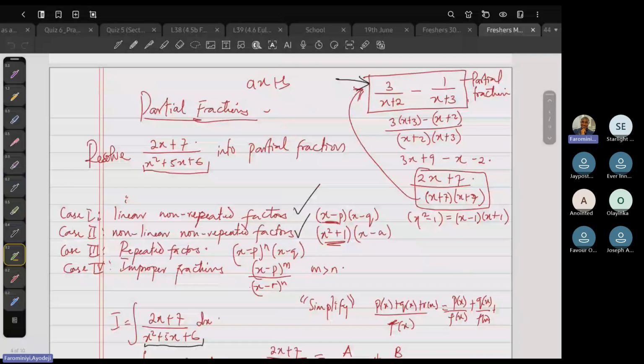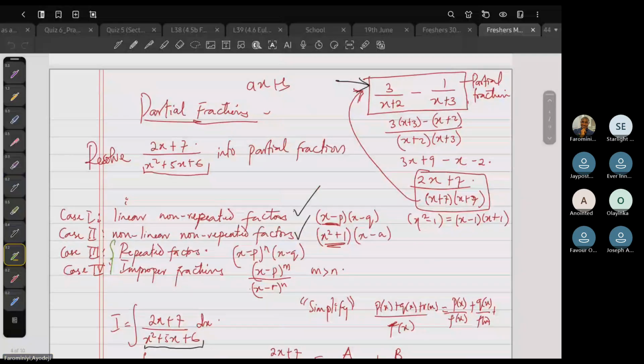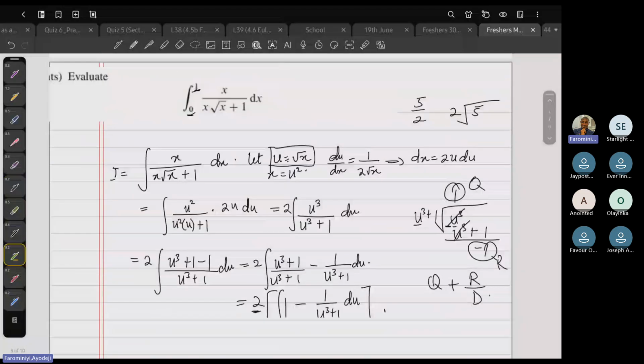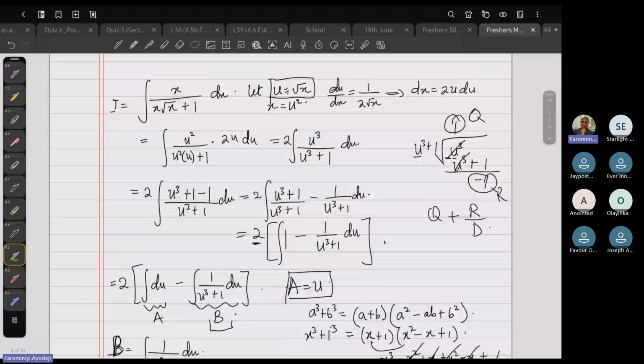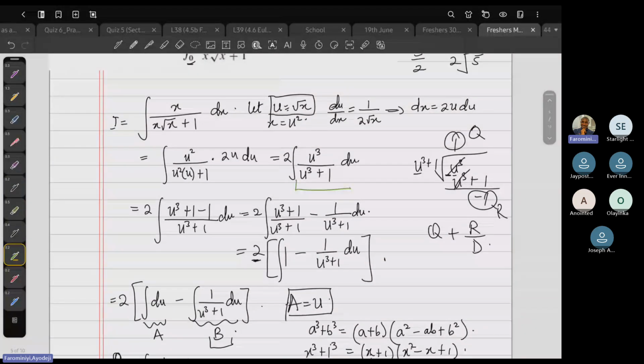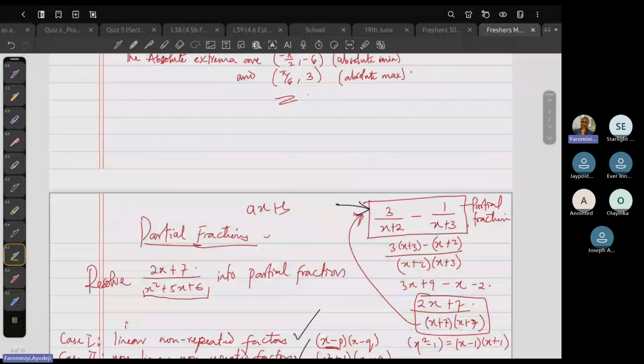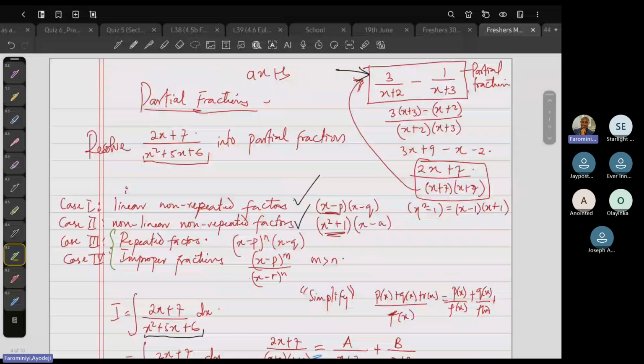I think we saw a little bit of case 4, because we divided here. So when you have to divide, long division, that is case 4. Then case 3 is the only one we've not seen. So maybe the next time we meet, we'll look at a question that has case 3 and some other trigonometric substitution questions. Any other question before I end the call?